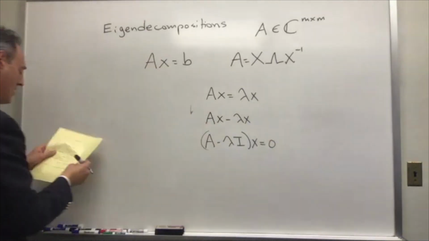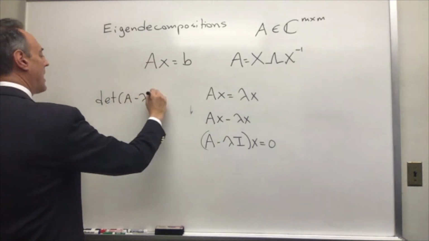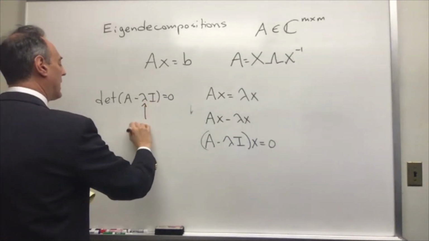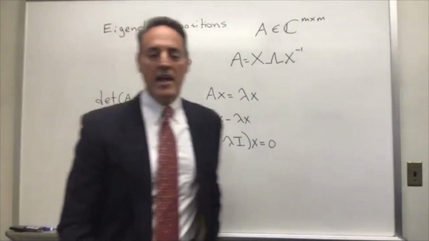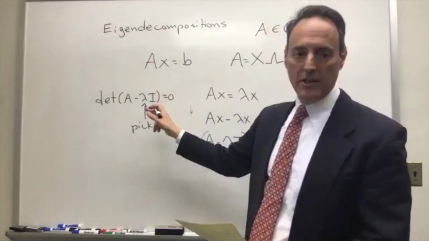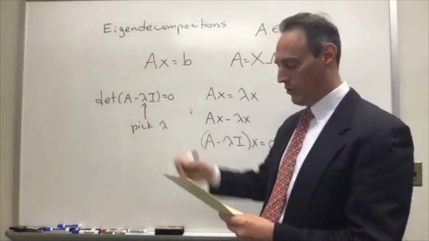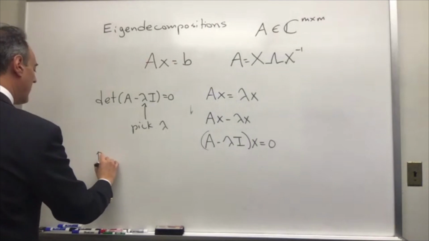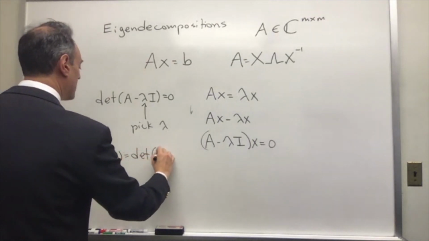So what I want now is the determinant of A minus lambda I equals 0. Pick the lambda so that that's true. And when you compute the determinant of this, we have our formulas for computing determinants of matrices. So if you do it on here, what you end up with is some polynomial, let's call it P of A, lambda, which is equal to the determinant of this.